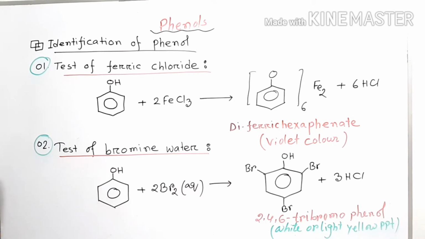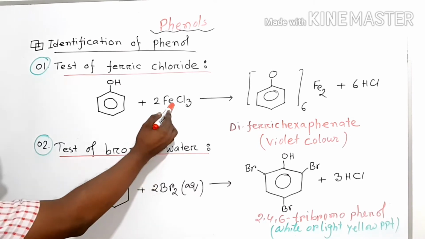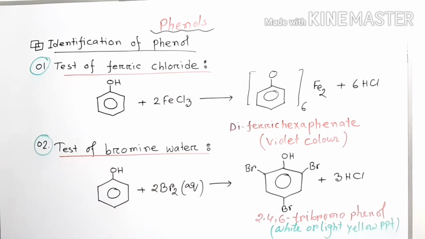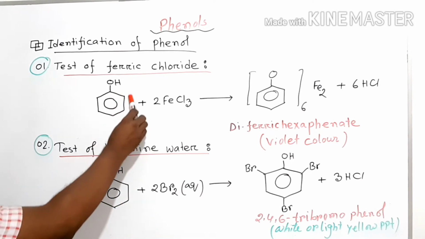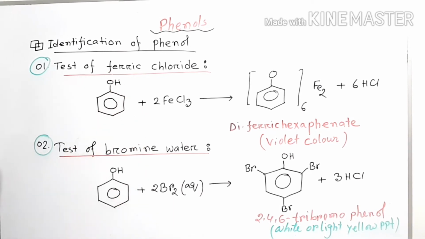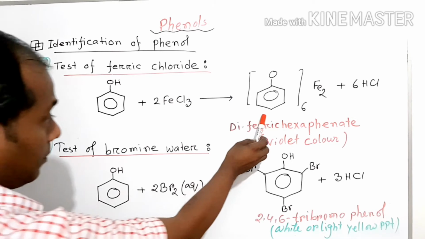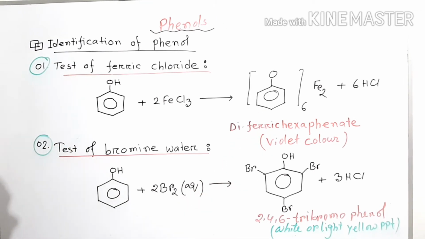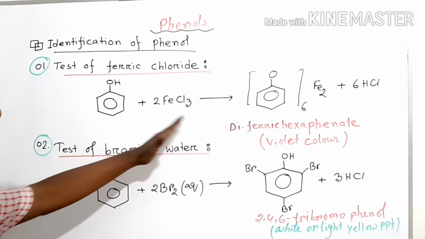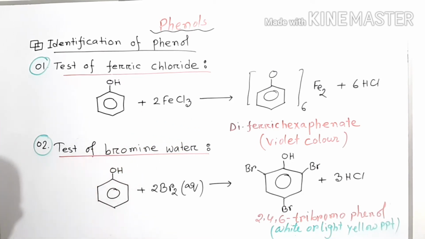If neutral ferric chloride is added to the aqueous solution of phenol, then complex compound diferric hexaphenate is produced, and the color of this solution is violet. By this reaction, we identify this one is phenol.